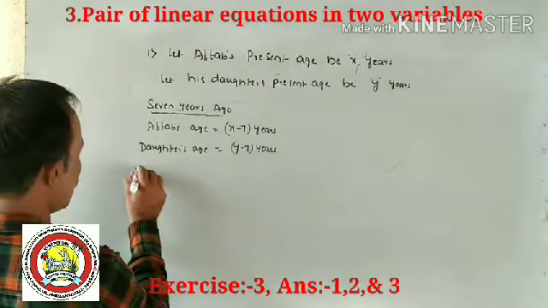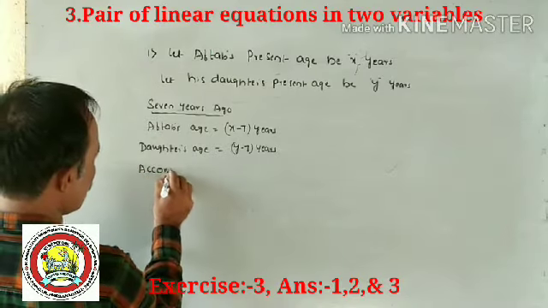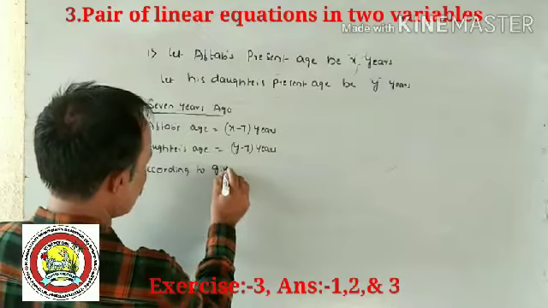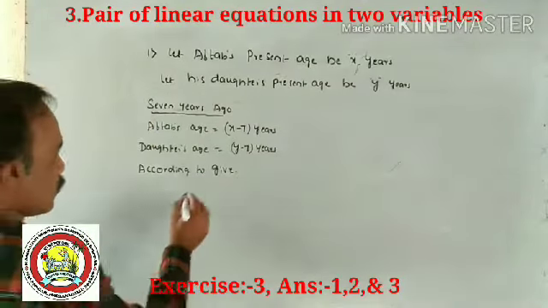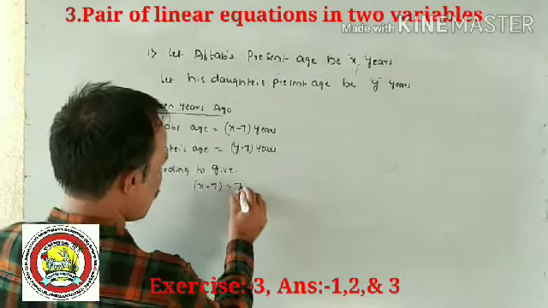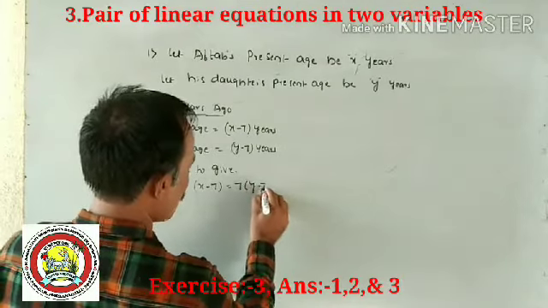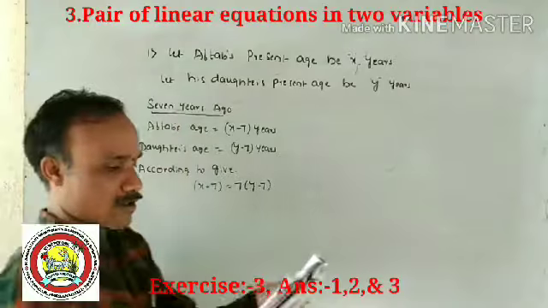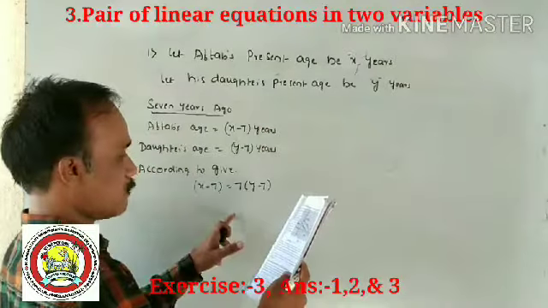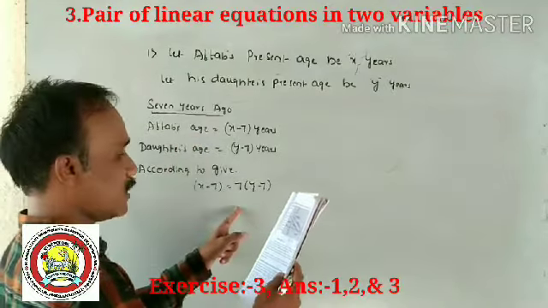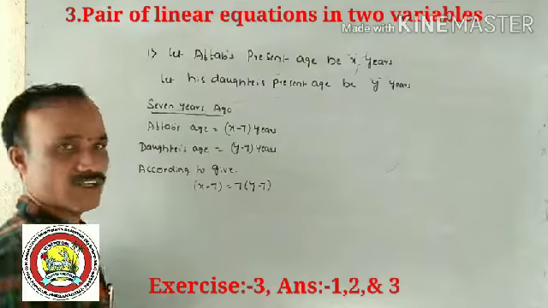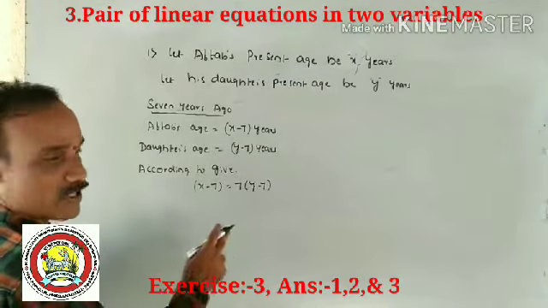According to the given, x minus 7 is equal to 7 times y minus 7. I mean Aftab's age is 7 times his daughter's age. So x minus 7 is equal to 7 into y minus 7.